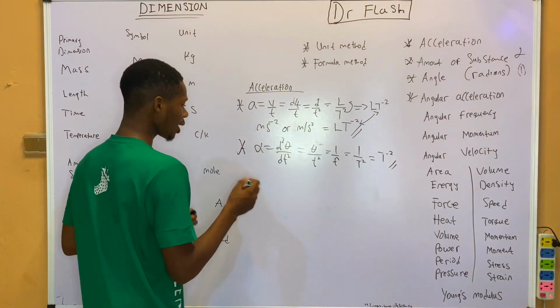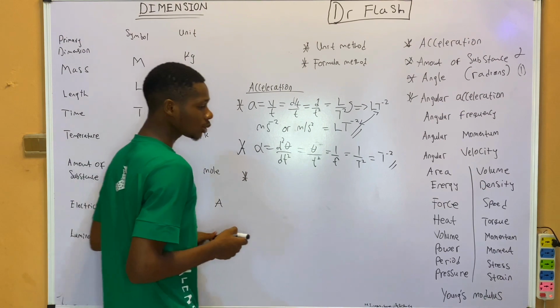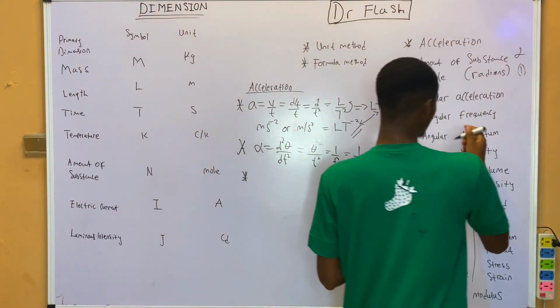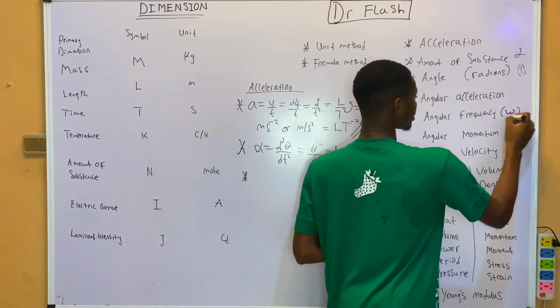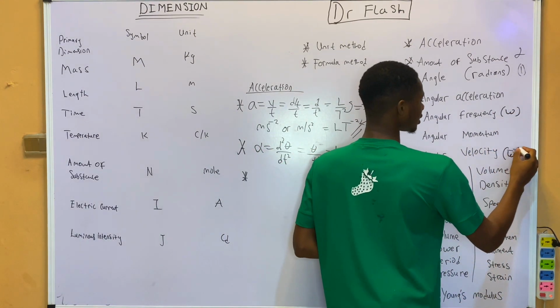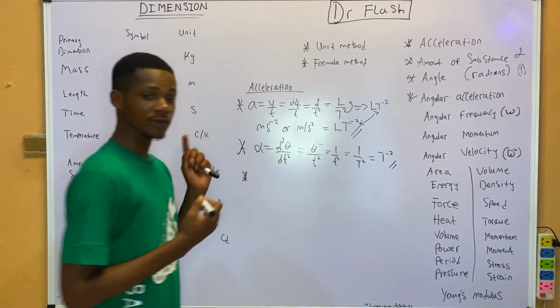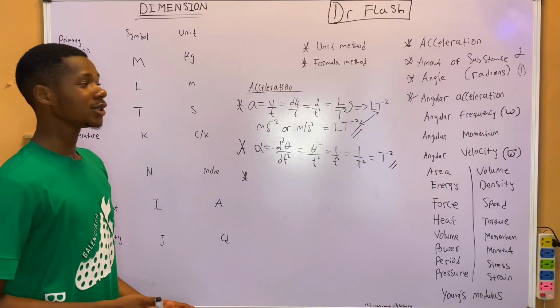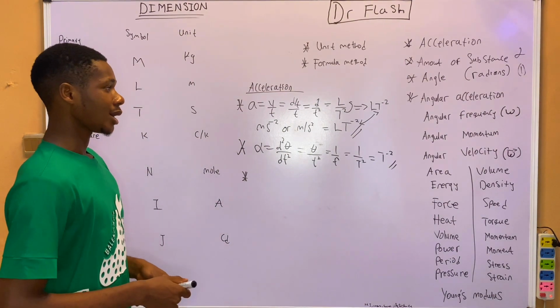And then the next one we have angular frequency. Angular frequency is quite the same as angular velocity. Angular frequency, I'm going to write it in brackets as omega. And for angular velocity, I'm going to write it as a vector quantity. Angular velocity is a vector quantity and angular frequency is not. That's basically the difference. So they should have the same dimension and the same unit.